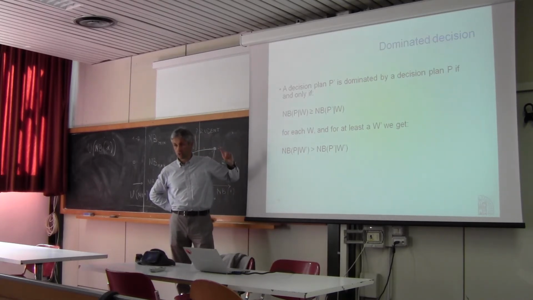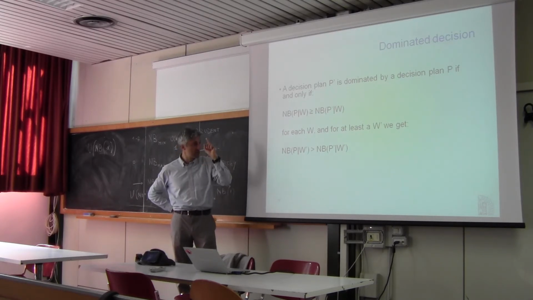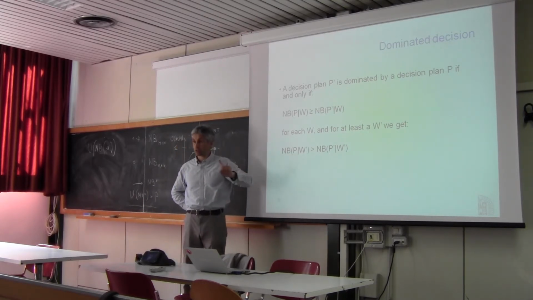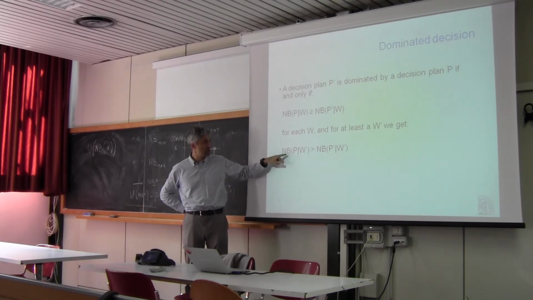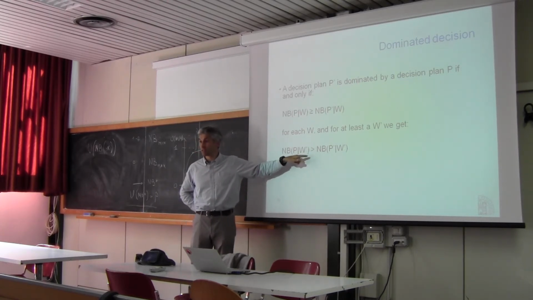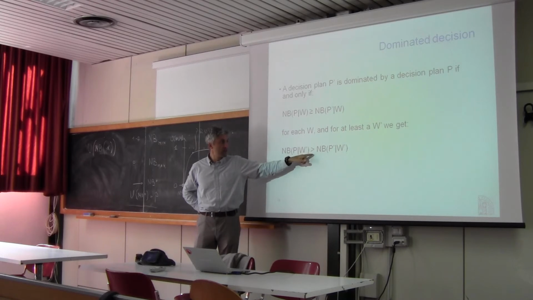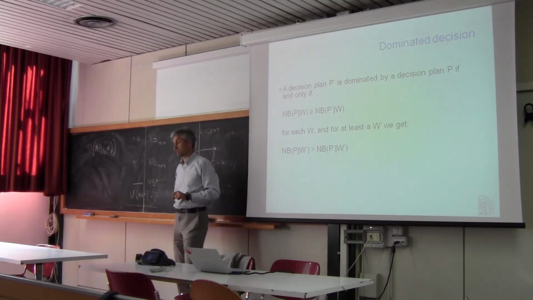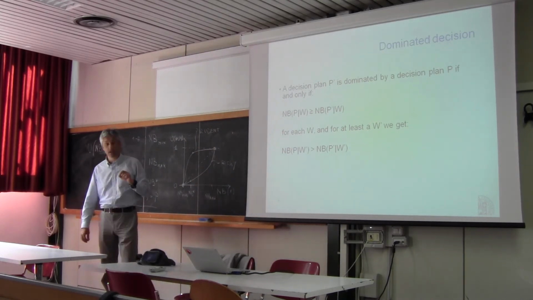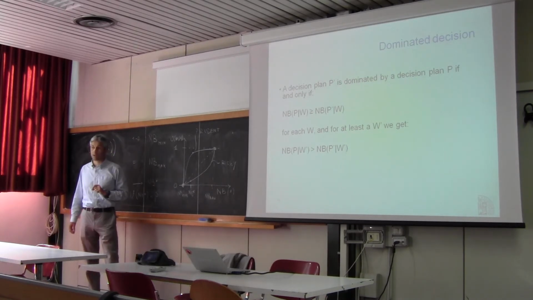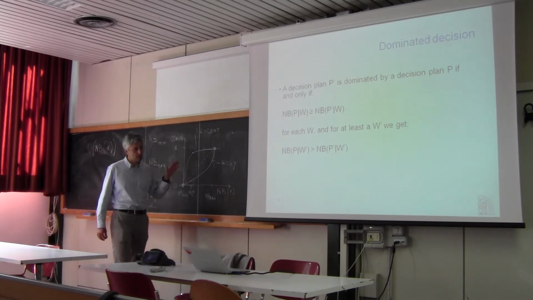And the second condition is that there exists at least one parameter vector W prime that makes the benefit associated with P strictly greater than the benefit associated to P prime. If these two conditions are satisfied, you can reject P prime.